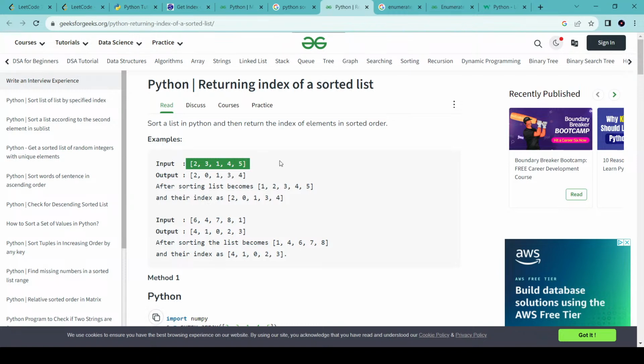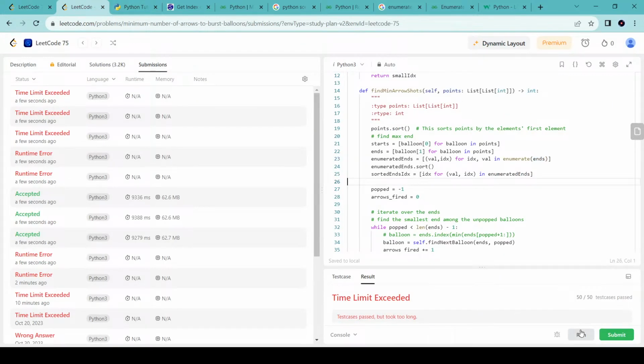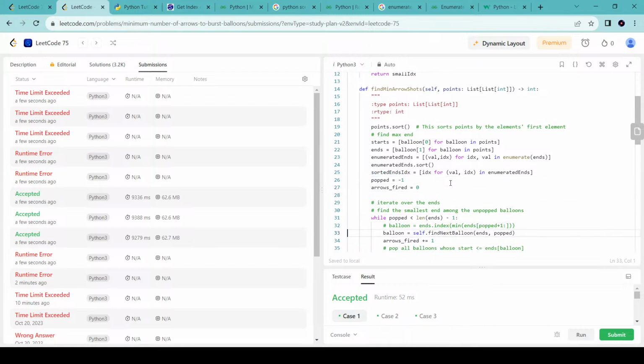And then I'm going to sort them. Because of the way sorting works, it's going to sort by the first value. Once I have this, I no longer need this thing.